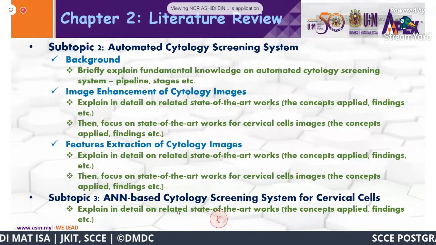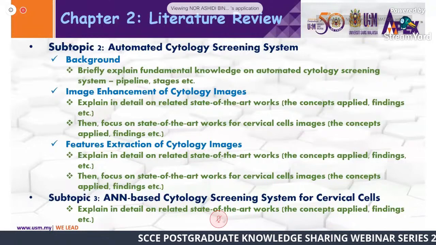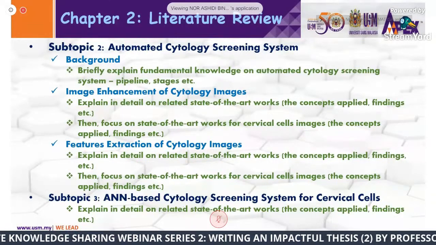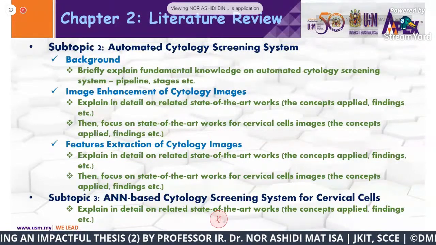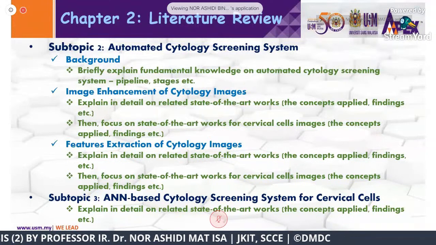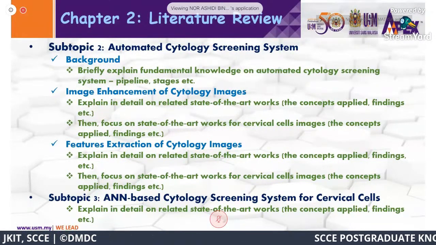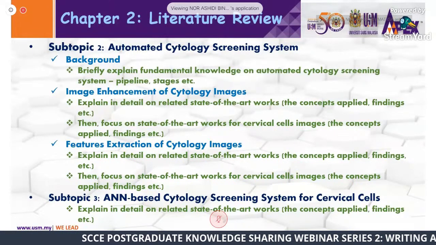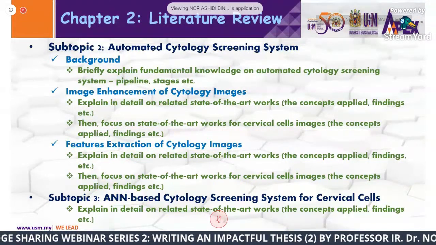So you must know your research direction. For the technique, you must compare with the other techniques. If at the end of the day you successfully develop a system, you must compare with the existing systems. That's why you need to explain in detail, or do the literature review in detail, for those techniques as well as systems. Okay.